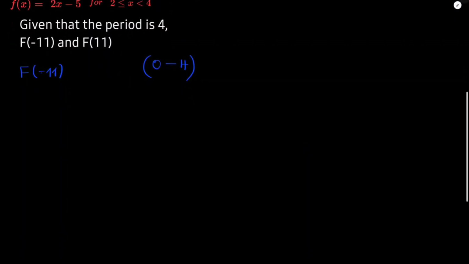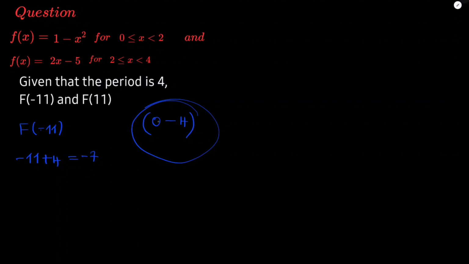So since we have negative 11, we are going to add 4 to negative 11 until we have a number which is in our range. Let's take the first time. Minus 11 plus 4 gives us minus 7. Let's look at our range. Is minus 7 in the range?